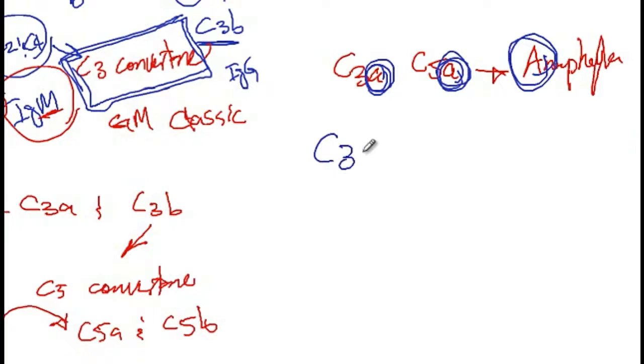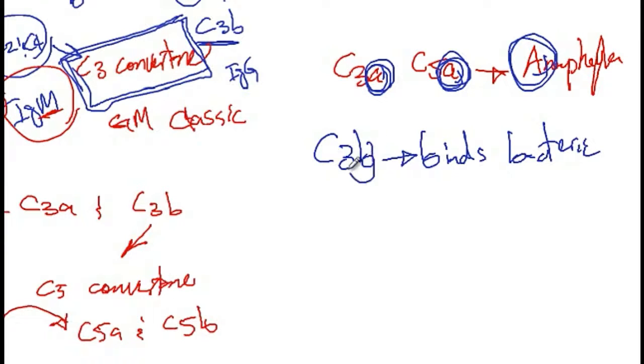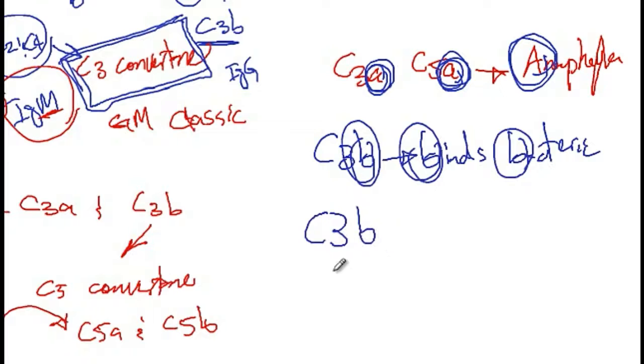And then we have C3b, which acts as an opsonin. It binds the bacteria. So C3b binds bacteria, and so b goes for binds bacteria. An alternative mnemonic that you can use here is that C3b looks like a mirror image of O and P. So it's like opsonization.